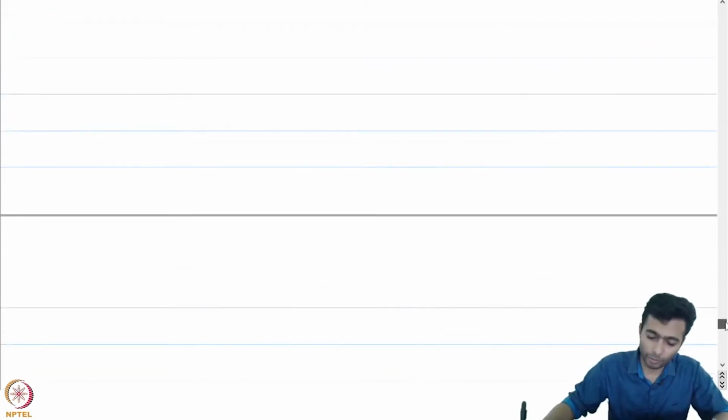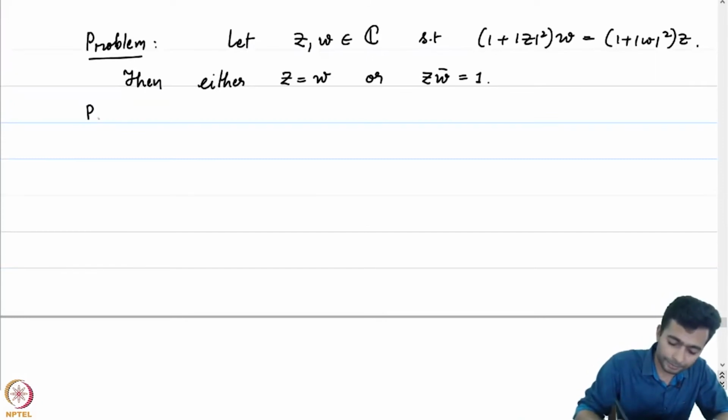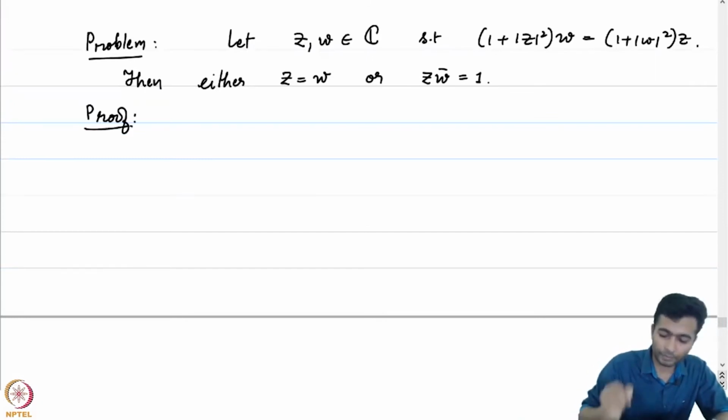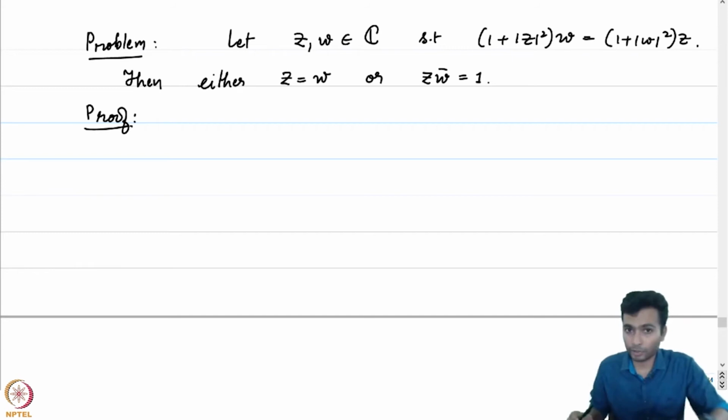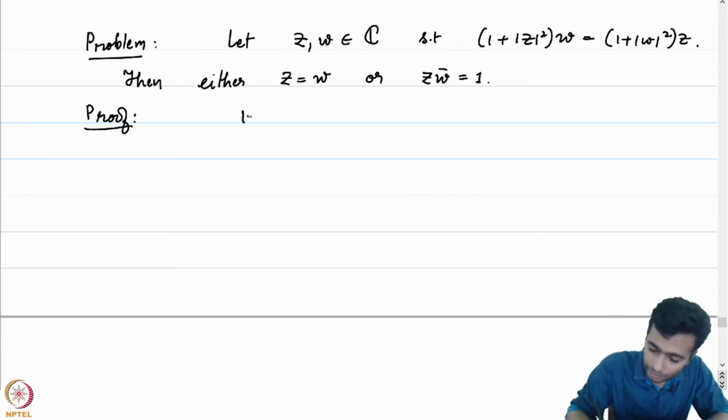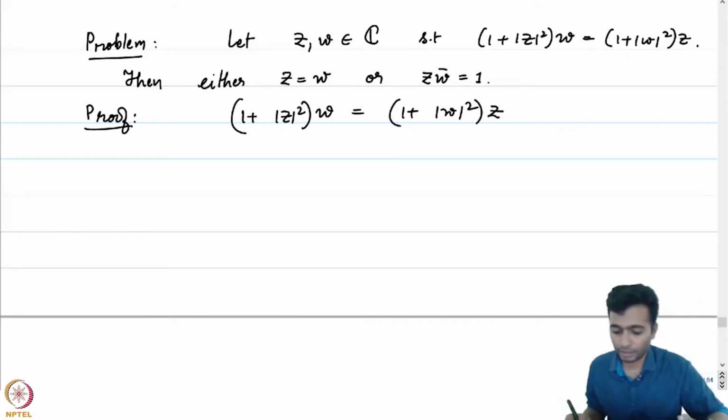Let's give a quick proof of this statement. What does that equation tell us? It tells us that (1 plus absolute value of z squared) times w is equal to (1 plus the absolute value of w squared) times z.